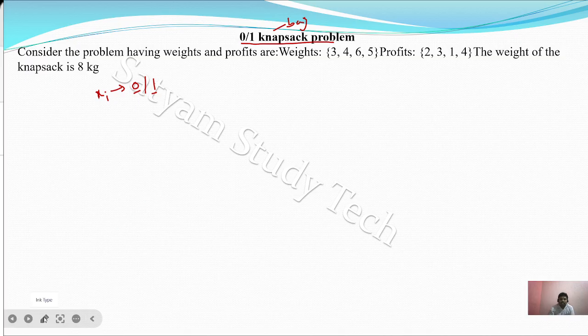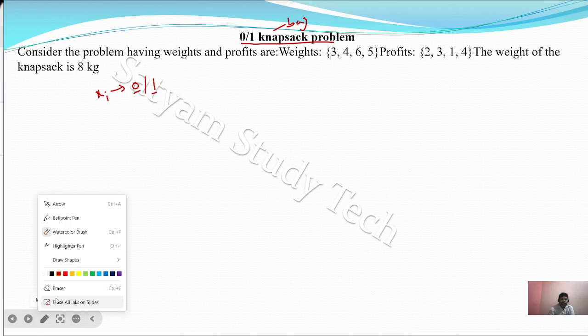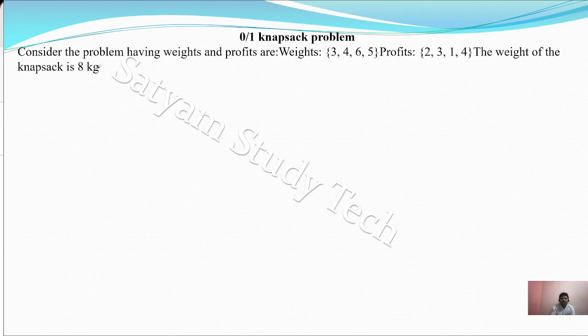Now we can solve this 0-1 knapsack problem by using the backtracking approach. Consider a problem having weights and profits.